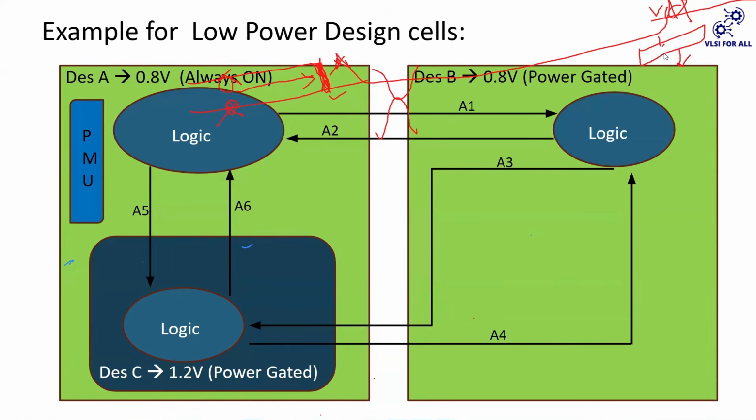This switch will either give a signal whether to turn it on or off. This logic sending the signal to this logic does not have anything to do with the power switch, right? Because it is not sending power. It is sending some signals, correct?